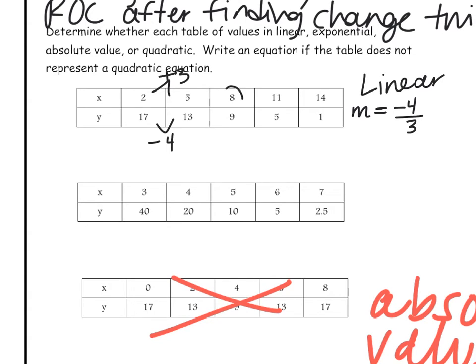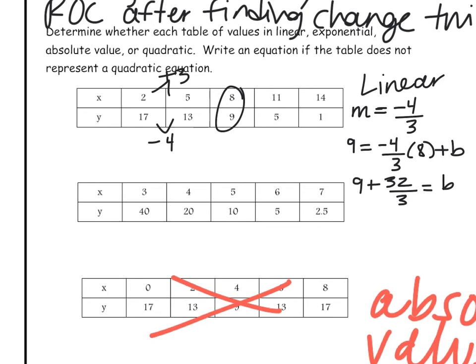I will choose these. 9 is equal to the slope times x plus b. So 59/3 is b, and my equation is y equals negative 4/3 x plus 59/3.